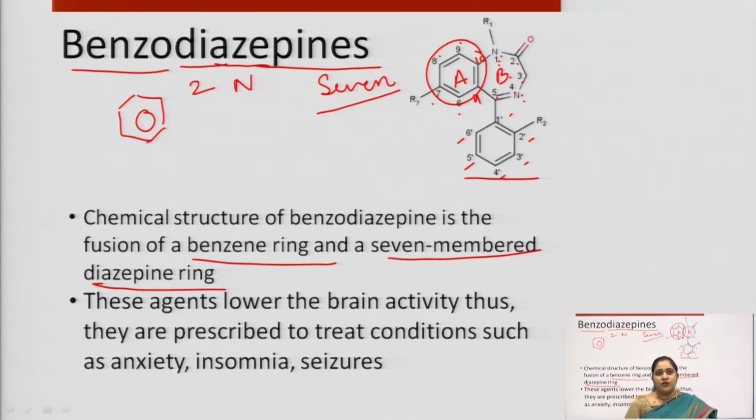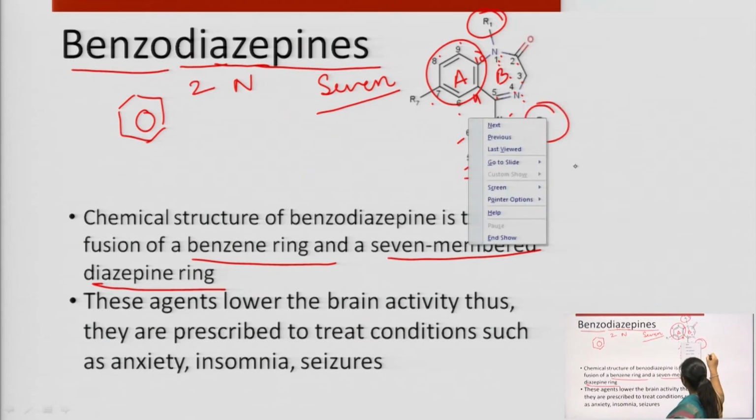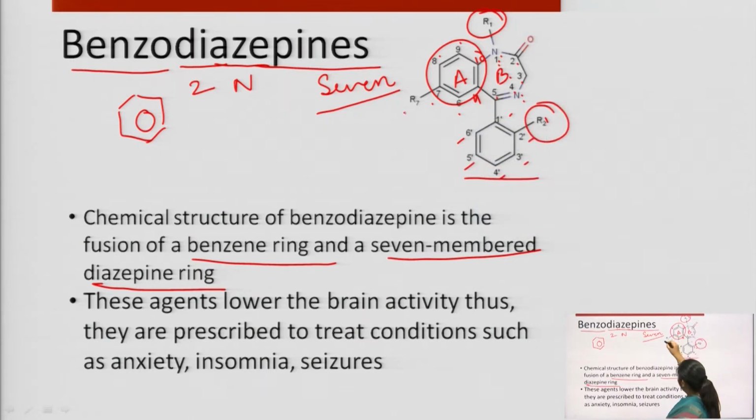We can have a substitution at this position R1, at the 2 dash position R2 dash, and at this R7 position. All these benzodiazepine derivatives are very well known for lowering brain activity. They decrease the excitement and decrease the neural transmission.